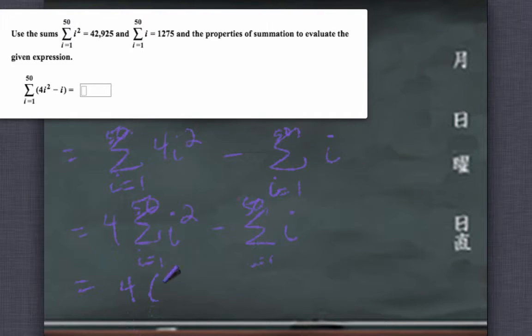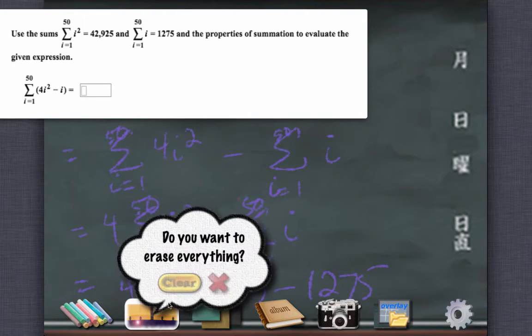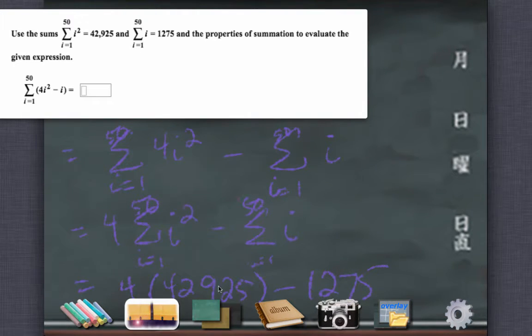So this would be 4 times 42925 minus 1275. And then you just put that into your calculator, whatever that is. It's just that.